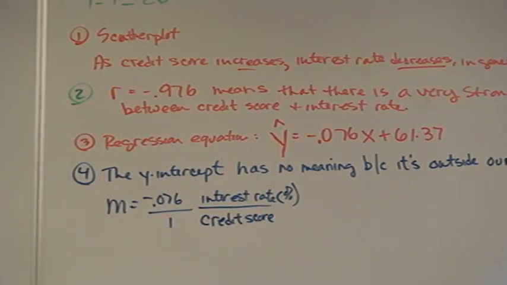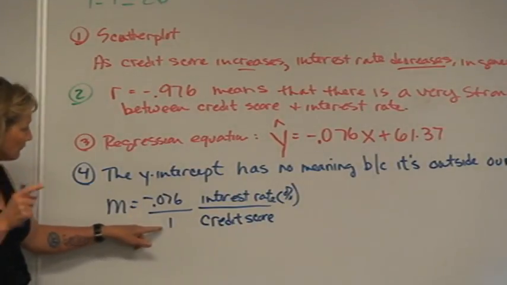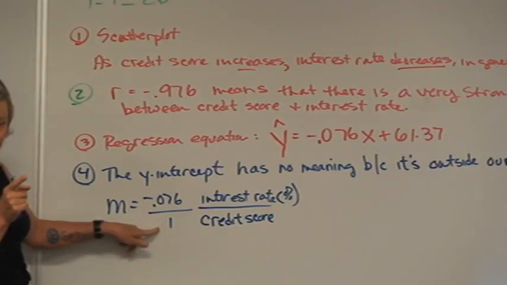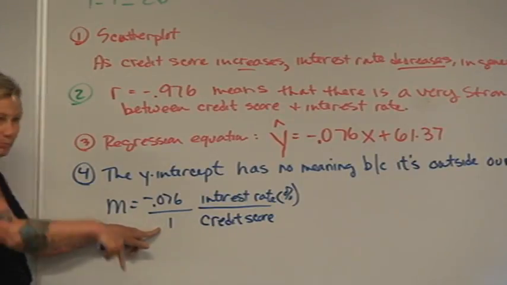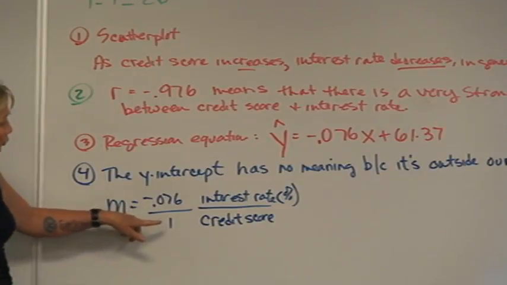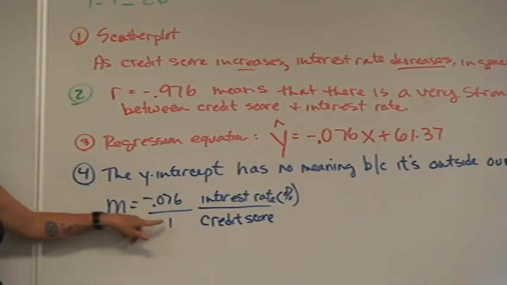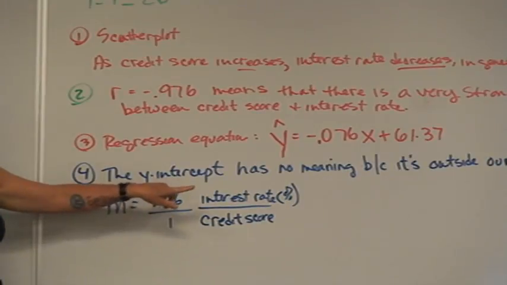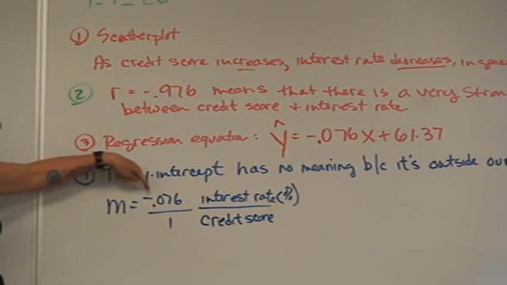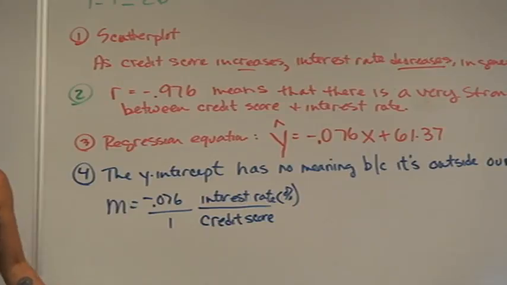So as X changes, let me rephrase: for every 1 unit change in X, how does Y respond? It looks like as your FICO score increases 1 unit, the interest rate you can get goes down by about 0.076%. Make sense? Cool, let's write it.